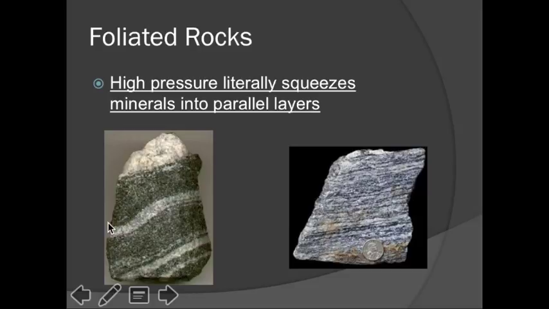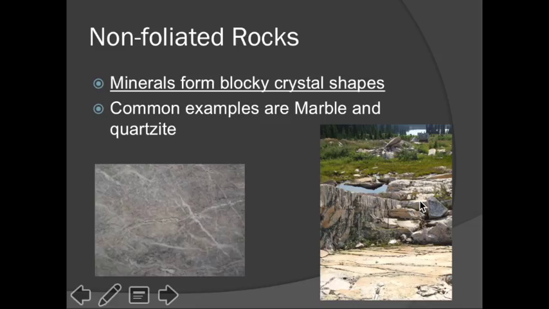If you can see here, there are clear bands, definite and different types of layers. With non-foliated rocks, however, these minerals form more of a blocky shape, so you're not going to have those layers. Foliated rocks have parallel layers, and non-foliated rocks have no layers. You'll often see examples like marble and quartzite.